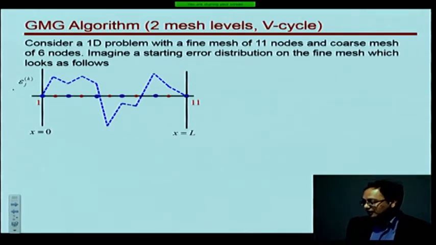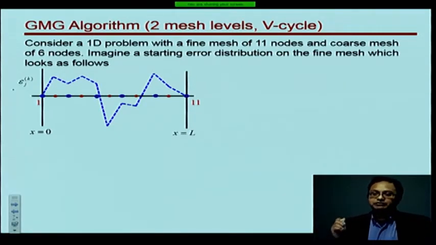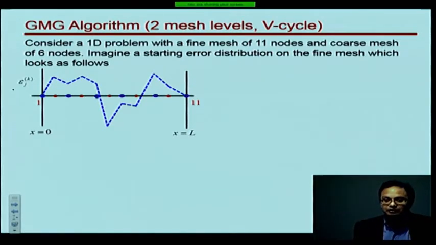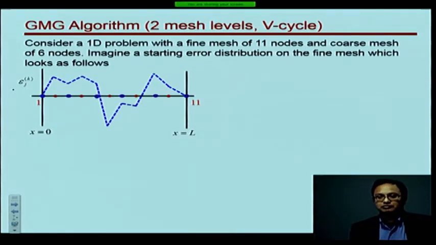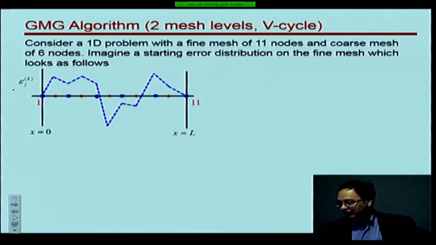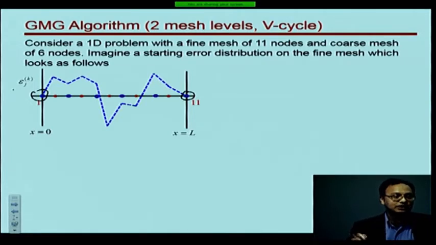After you've done one iteration of Gauss-Seidel, this is what your errors may look like. You've started with some solution, it has some error, and you plot the error at every fine mesh node point. Of course, at the boundaries, if you have Dirichlet boundary conditions, the error is 0. But on all other points, you have some error, and that's what the error distribution may look like after one iteration of Gauss-Seidel on the fine mesh.